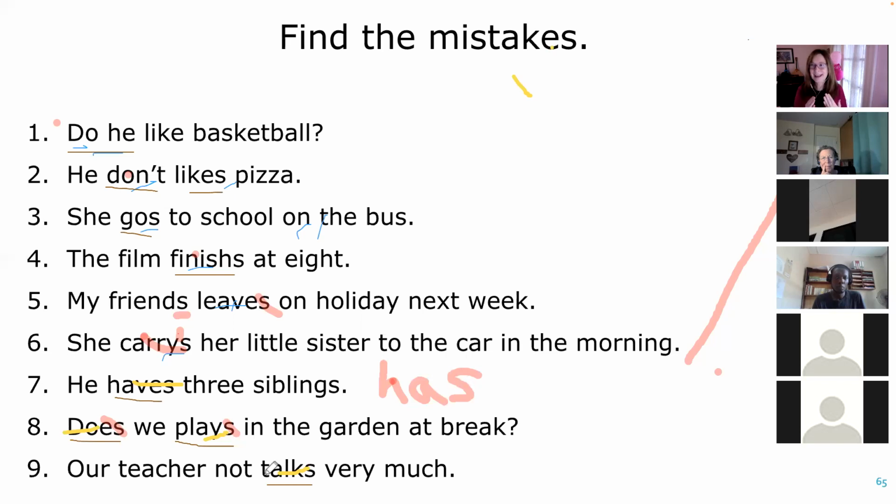The reason we do that is the way we count people in English grammar is I am the first person. If I'm talking to you, you are the second person in the conversation.